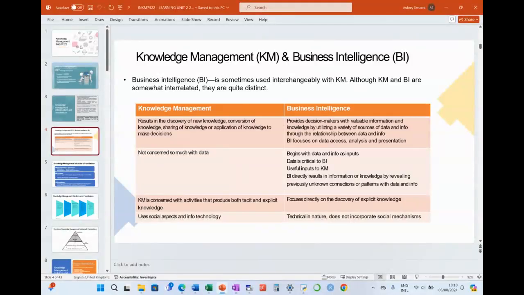However, business intelligence also has a key focus on making decisions, right? However, valuable information and knowledge by utilizing a variety of sources of data and info through the relationship between data and info. Business intelligence focuses on data access, analysis, and presentation.